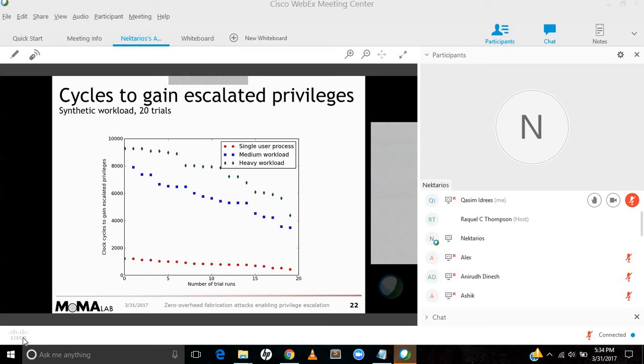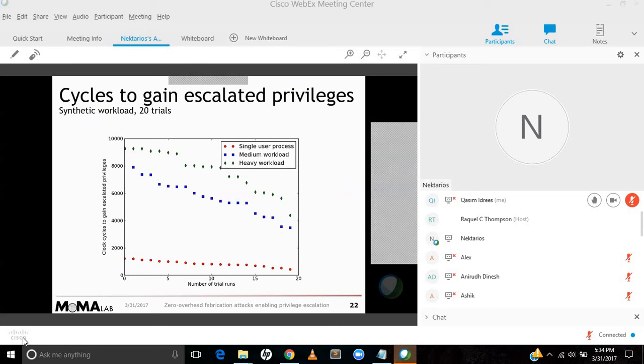As you can see on the vertical column, these are how many clock cycles it takes to actually gain privileges. So if you have a very heavy workload, it takes less than 10,000 clock cycles to actually escalate privileges.